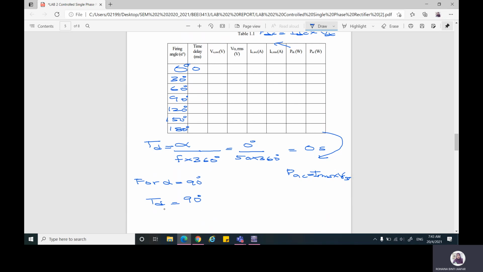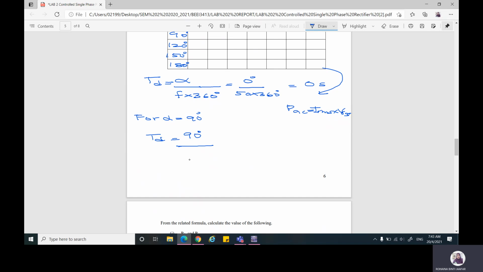So 90 divided by 360, times your frequency of 50, it will be 5 millisecond.